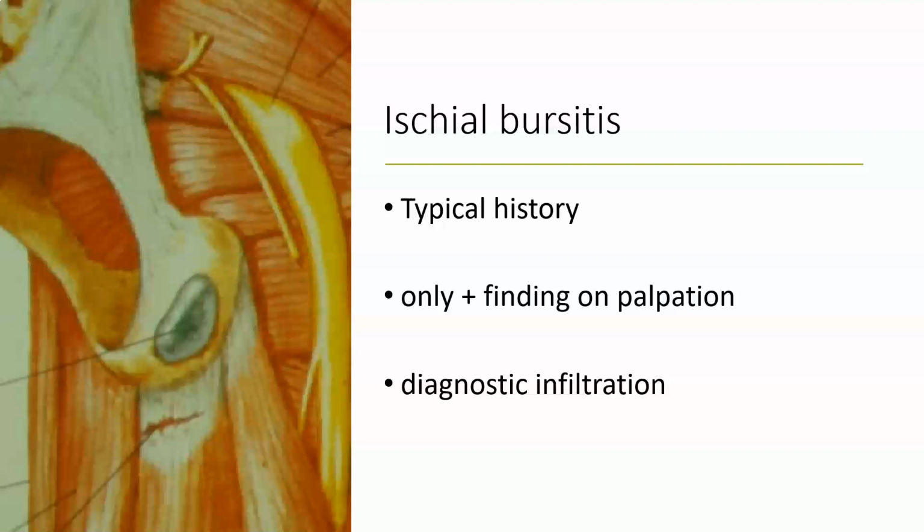What do we find in the examination? Actually, nothing. We just have a local positive palpation. This is of course the same area as a lesion of the origin of the hamstrings we discussed in another lecture, where in that case we would have a positive resisted test.